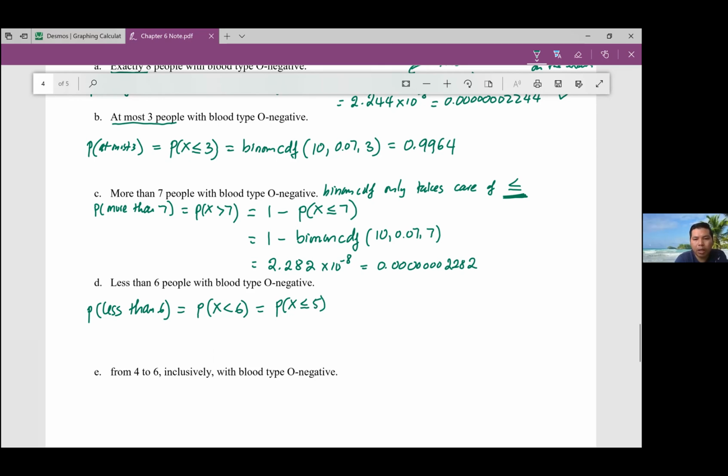And that's when you can throw in binomcdf of 10, 0.07, and 5. So we get 0.99998.